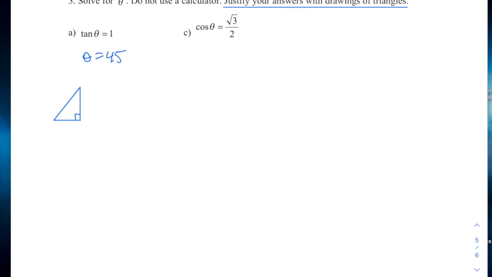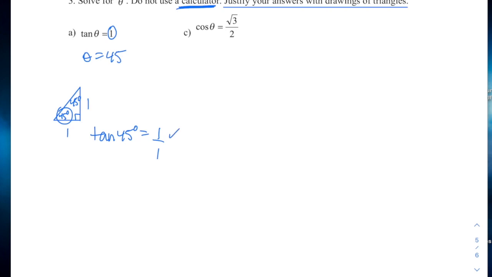If I have the opposite and adjacent side, I know that the ratio of 1 means that they are the same length. I know I'm dealing with a 45, 45, 90 triangle, but I would like you to draw me the picture, because remember, we're not using a calculator, so you can't just say tan inverse of 1. So for me, this is enough: tan 45 degrees equals 1 over 1.